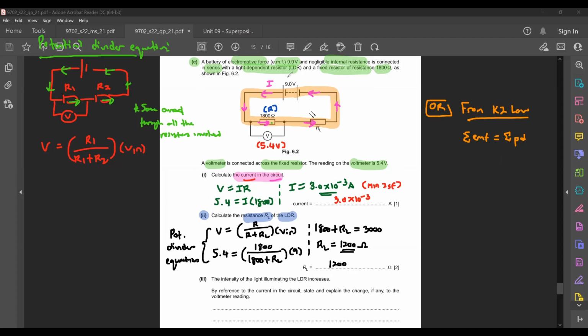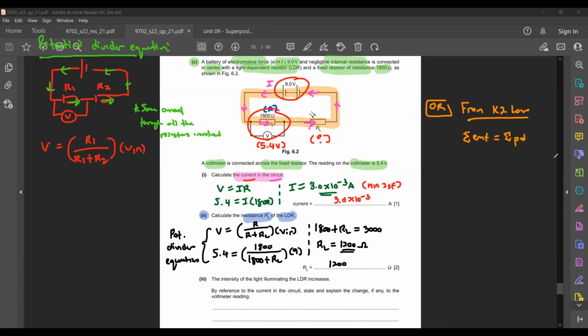That's the most basic expression of Kirchhoff's second law. So right now, we have two PDs here and one EMF. The sum of these two PDs will give us our EMF. We already know that this one is 5.4 volts. We want to know what is this PD across our LDR. We already know our EMF also, so we can find the PD across our LDR.